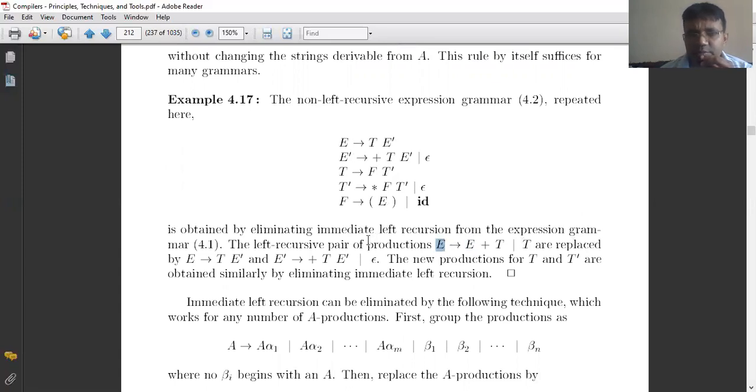So you have to make it the form T E dash while removing this left recursion, and the next production will be E dash derives plus T E dash or epsilon. The new productions for T and T dash are obtained in the same way, and finally this is left recursion free. This is how left recursion is removed from the given production rules of a grammar.